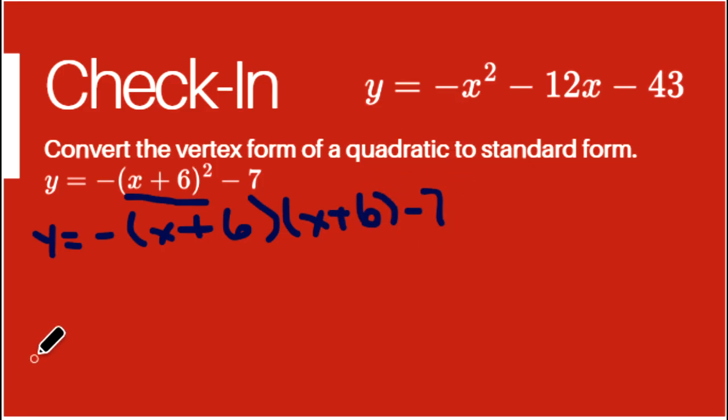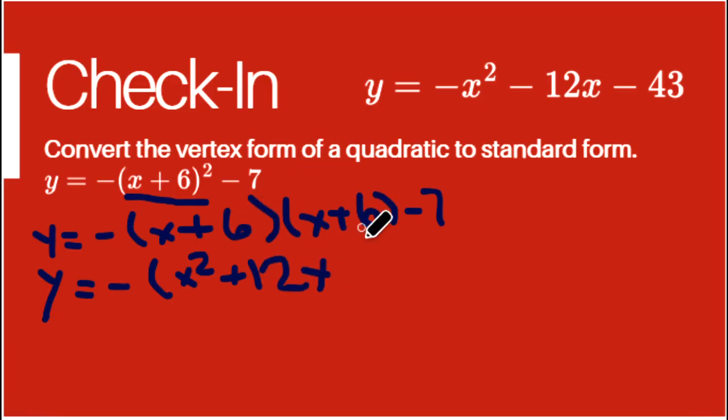We don't lose any pieces of our problem. So now we have y equals, the negative is still there. We have x squared, x times x. Then we have x times 6, so 6x, and another 6x, so that's 12x.